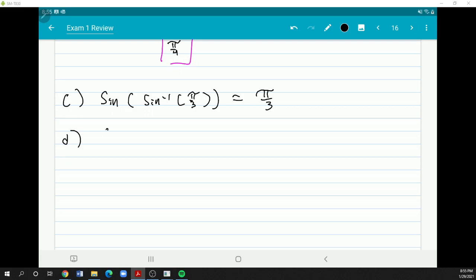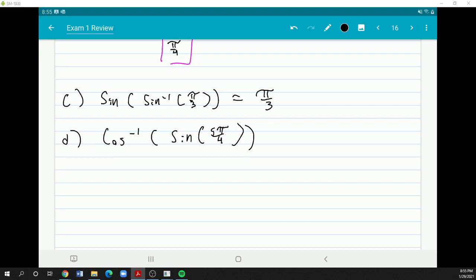D, we have cosine inverse of sine of 5 pi over 4. So here we've mixed and matched a bit. There's a cosine inverse and then a sine.